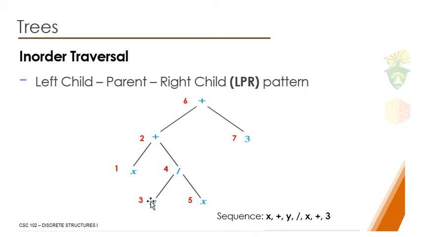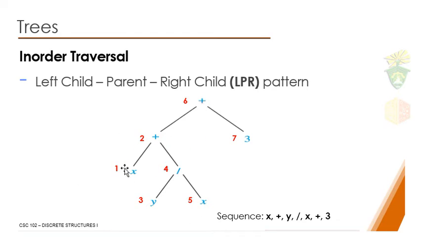So, okay. Go back to the operator division, the parent. And then the right child is node X. So for this case, we are done with the left child of the operator addition.